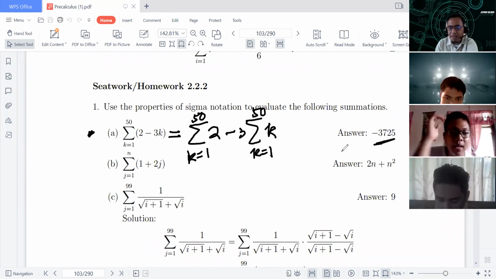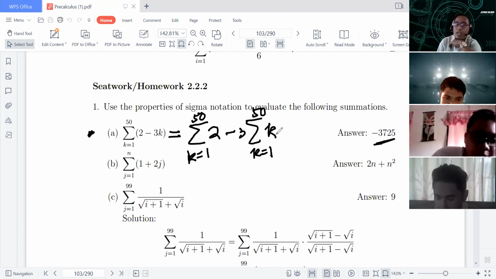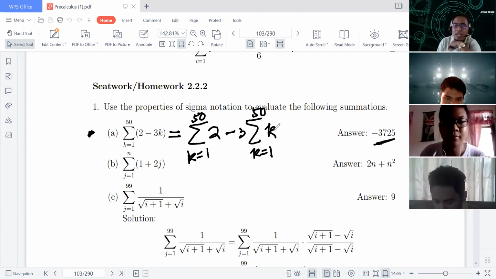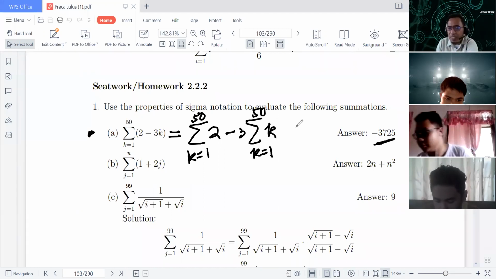By the way, in this case we used k. The variable there can be replaced by any letter, not just i. Sometimes it will be k, m, or s, depending on what is given.